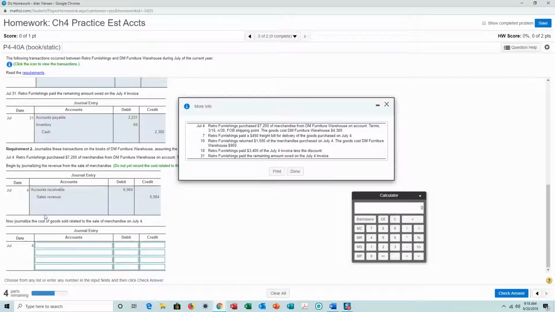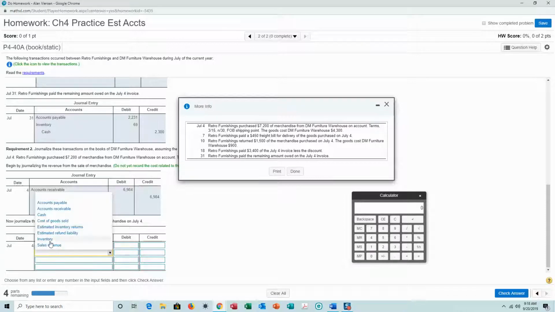And then of course the second part has to do with the goods cost, or cost of goods sold, of $4,300. That journal entry will be debiting cost of goods sold. Cost of goods sold is an expense, the only expense that you'll encounter that doesn't say expense. Cost of goods sold is what it cost the seller to purchase the merchandise.